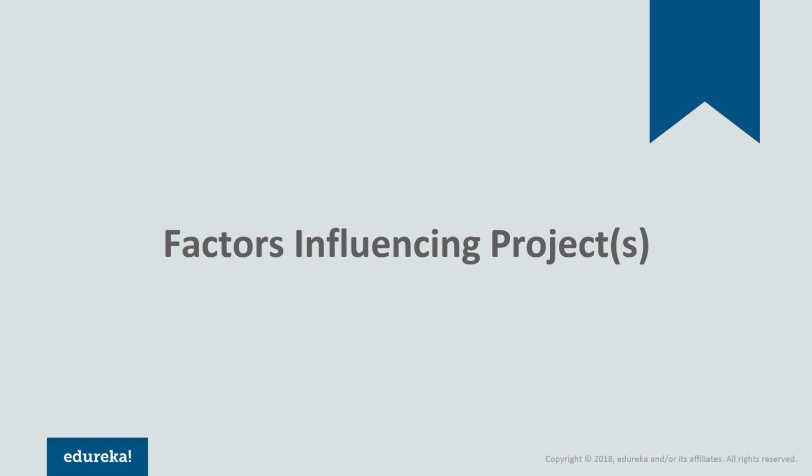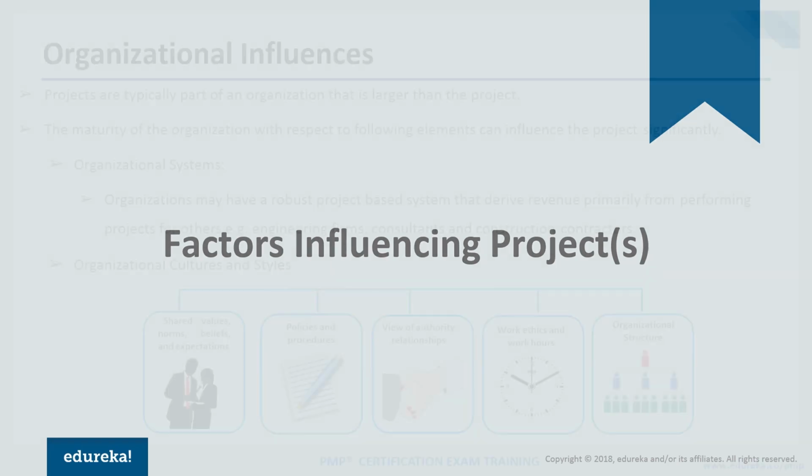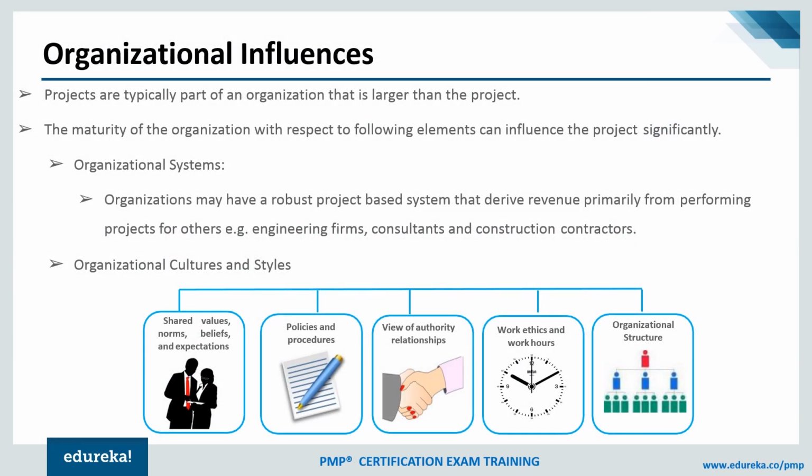So this topic is important, and from the examination perspective also it is quite important, because this will tell you what are the factors and elements that can influence the project. Okay, and an important point is, these are the factors which are beyond the control of a project manager.